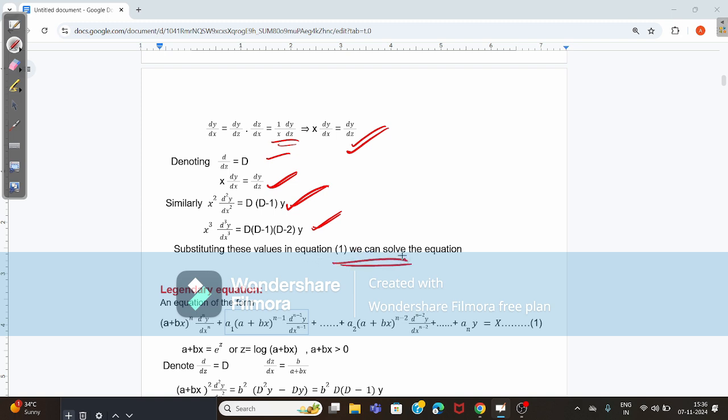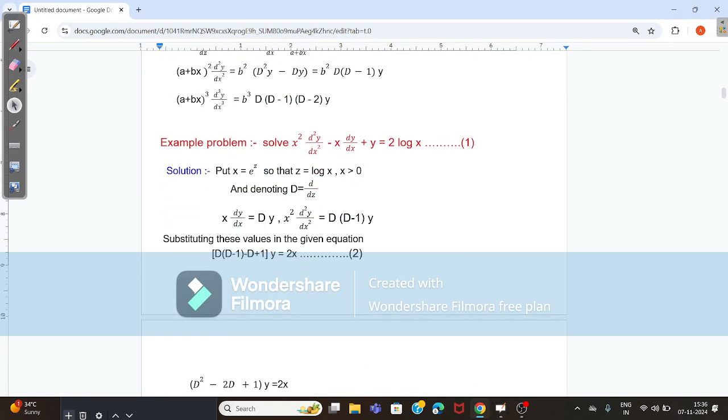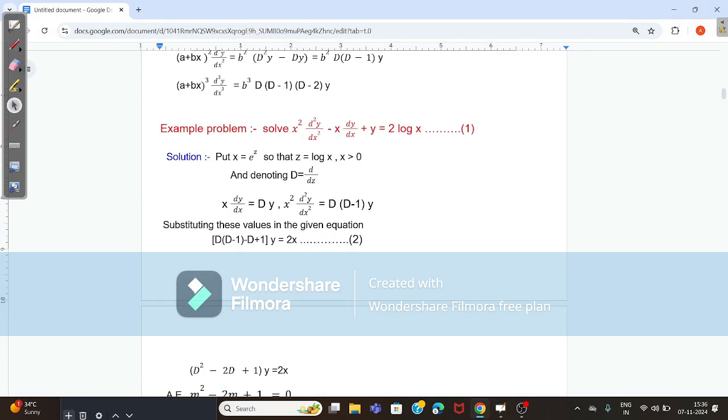Okay, now I'll give you one example so that you can understand the equation here. Solve x^2 d^2y/dx^2 - x dy/dx + y = 2 log x. Okay, now put x = e^z, so the value of z becomes z = log x, where x is greater than 0, and denoting capital D = d/dz.